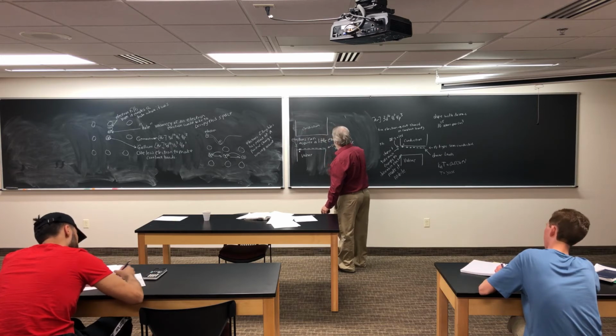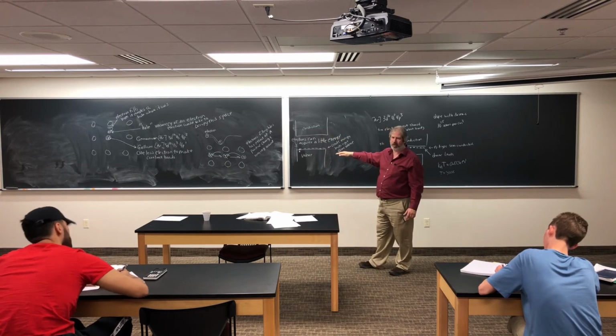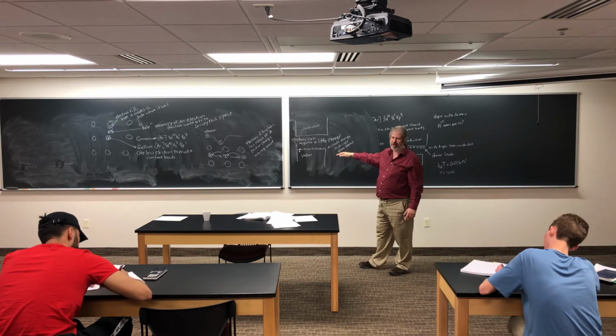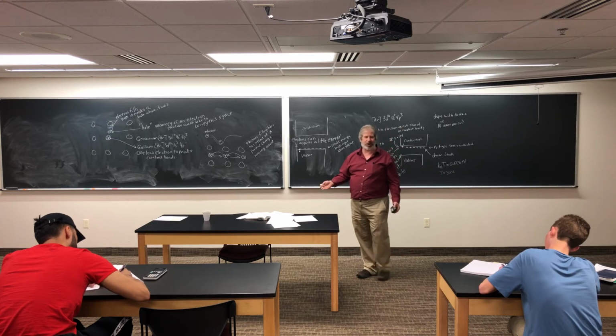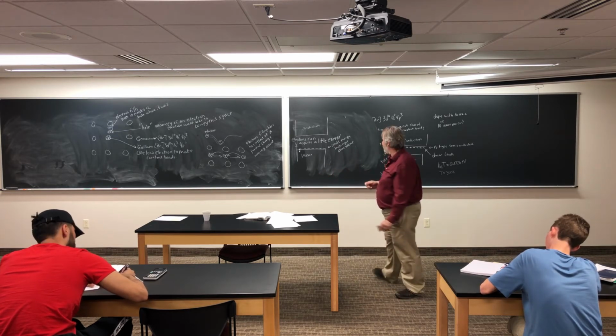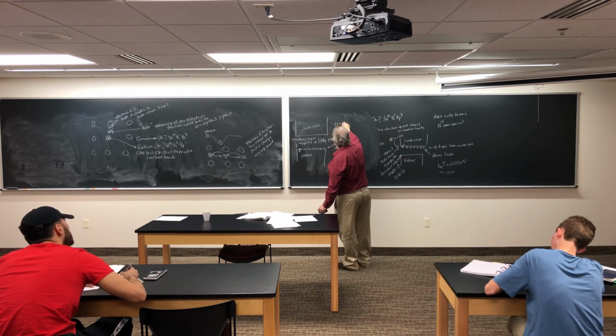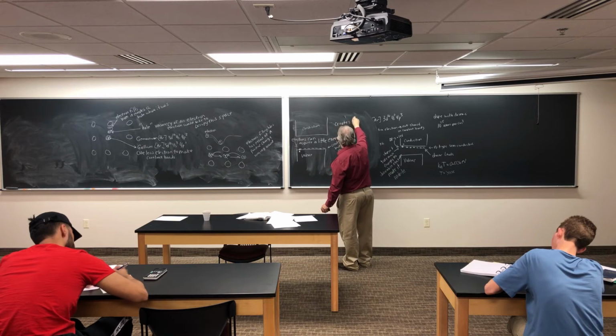So we call this type of doping, we call this creating a p-type semiconductor, because the effect is positive charge moving around in the semiconductor, okay? So this creates a p-type semiconductor.